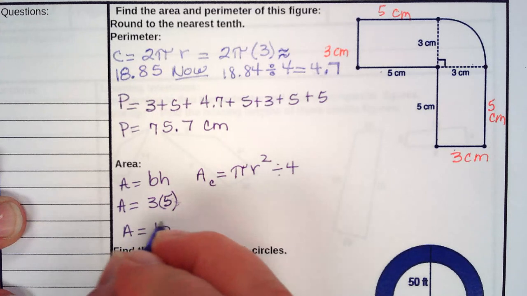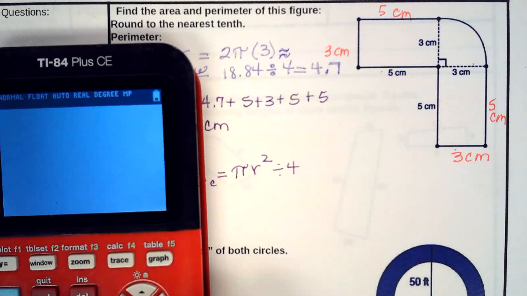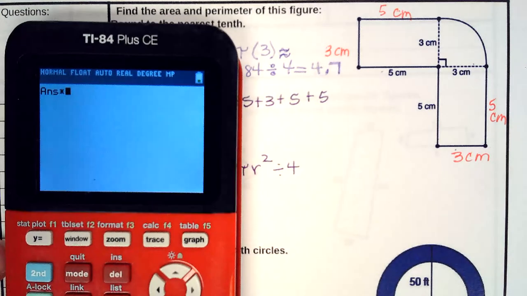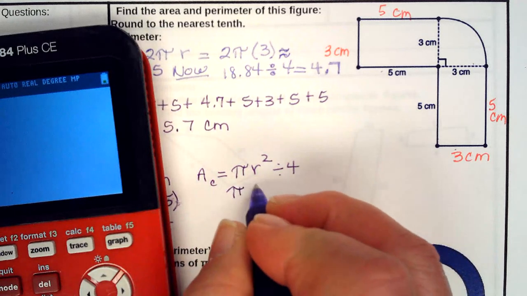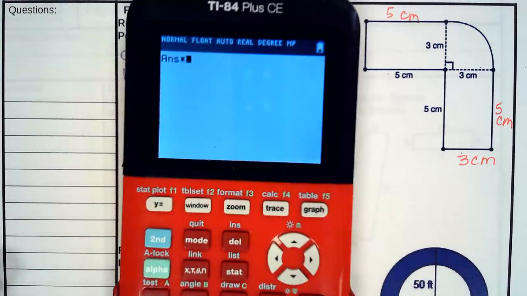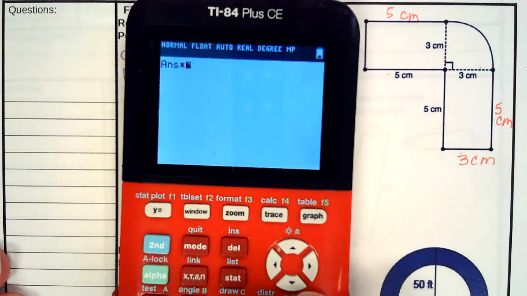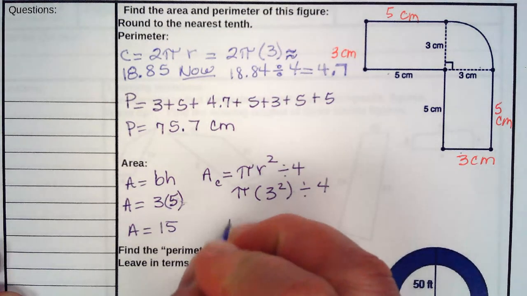So the area of each of those is 15. Now we're going to get pi times, what's our radius? 3 squared divided by 4. That would round up to about 7.1.